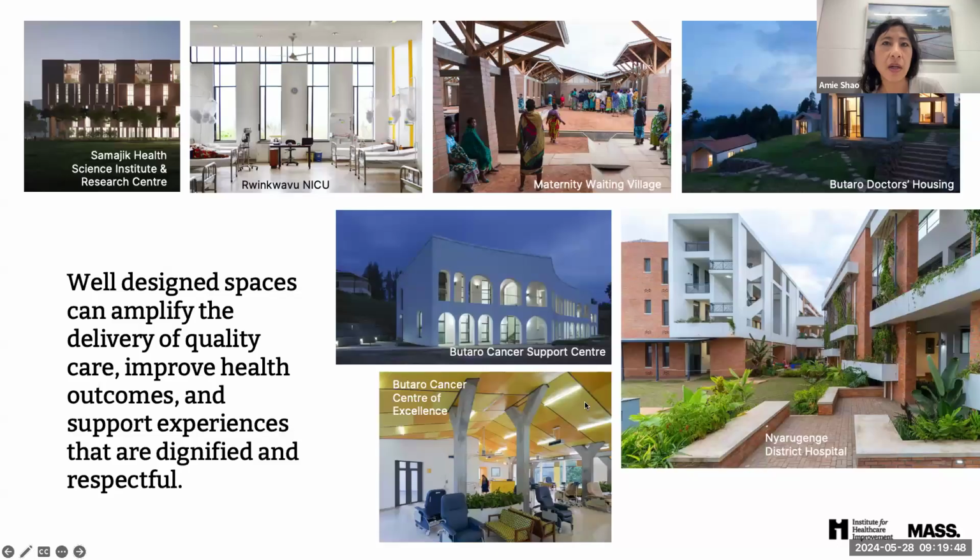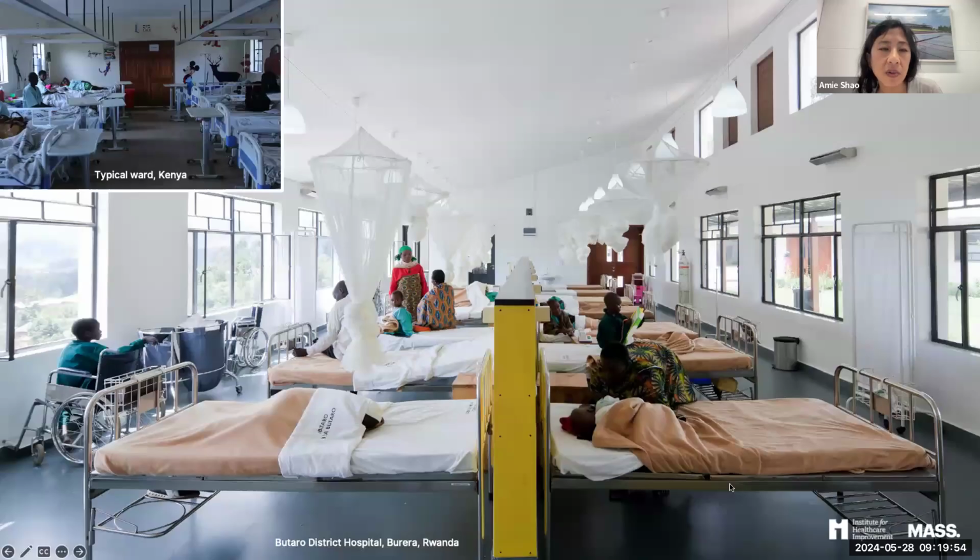And I think the point that we want to make in showing all of these examples of work around the world, as well as some very simple examples, is that you don't have to, to Manara's point, do something extravagant to make a radical difference. This is one of our earliest projects in Butare, Rwanda, where instead of a traditional ward layout where you have beds lining the walls with patients looking at one another, we thought, if we were a sick patient, the last thing we would want to look at is another sick patient.